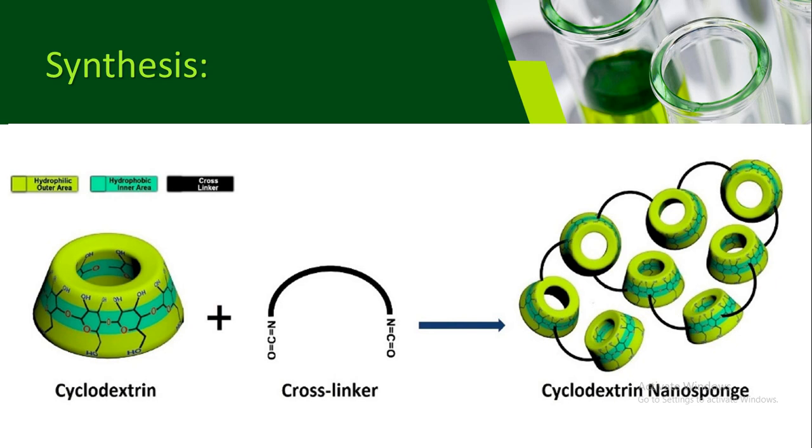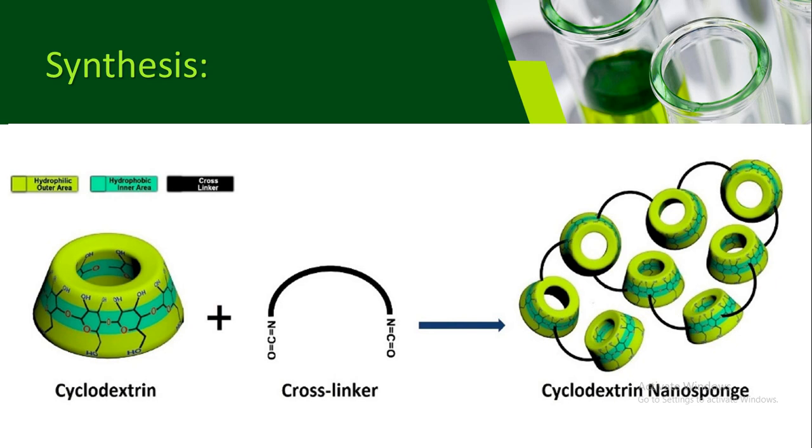For the synthesis, I will talk about this picture because it summarizes the way of synthesis of cyclodextrin nanosponges. I can bring the cyclodextrin and put it with the cross-linker, and use one of these methods in order to get cyclodextrin nanosponges.